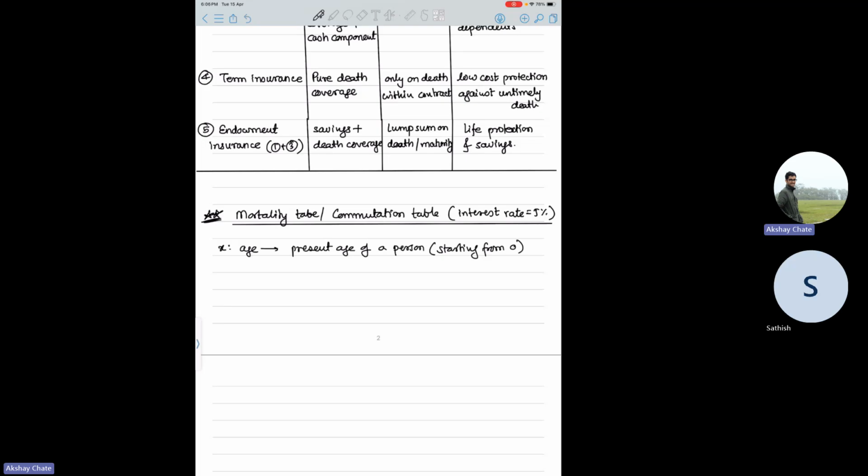Okay, so they did a statistical study. They took some 1,000 babies born, I think in the 80s or something like that, very old data, and they tracked the deaths of each and every baby from start to end. They counted each year how many people died and so on to get the probabilities. Okay, this was the old method. Nowadays they don't do it like this because you have access to high computation systems.